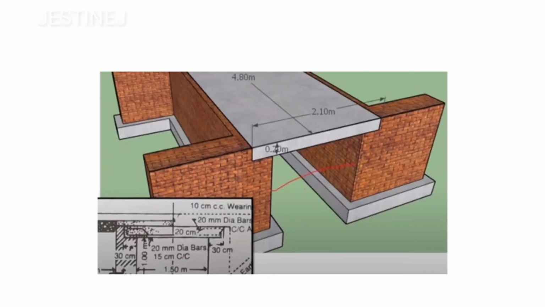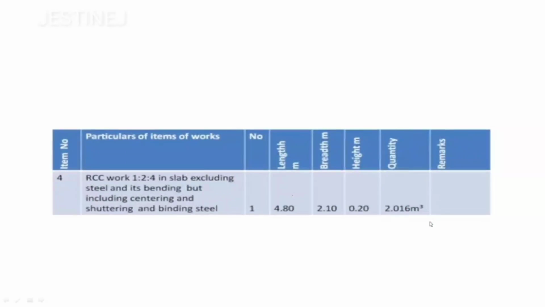Here it is given 1.5 meter, and then 1.5 plus 0.3, then 0.3. Both sides are 0.3, so you are placing over this value, and you will get 2.1. If you calculate those values, that is RCC work 1:2:4, slab excluding steel, you will get 2.016 meter cube.